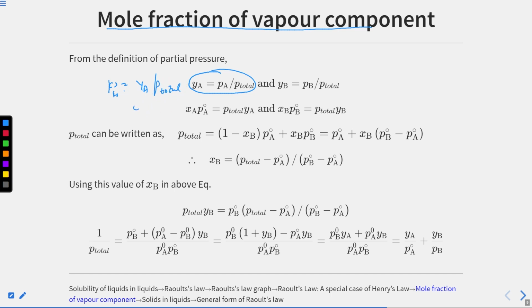Now if you want to write this YA, you can write it as PA divided by P total. Yes, it is right. The same thing is written here.